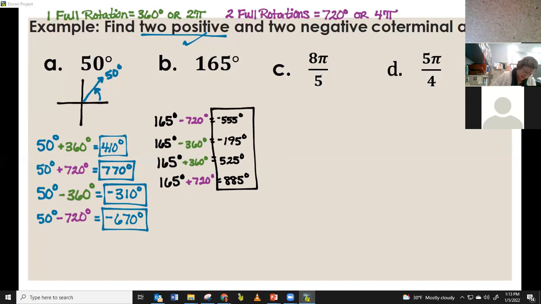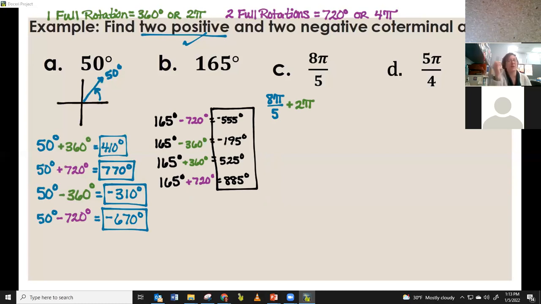So if I did 8 pi over 5, I could add 2 pi to that. That would be a full rotation. Only one problem. 8 over 5 is a fraction. Whenever I'm working in radians, I don't want to have decimals.